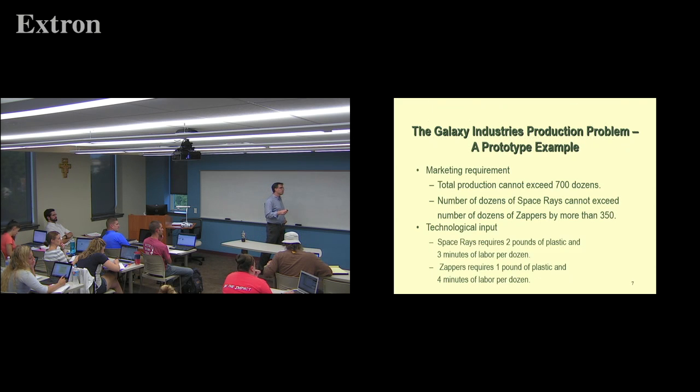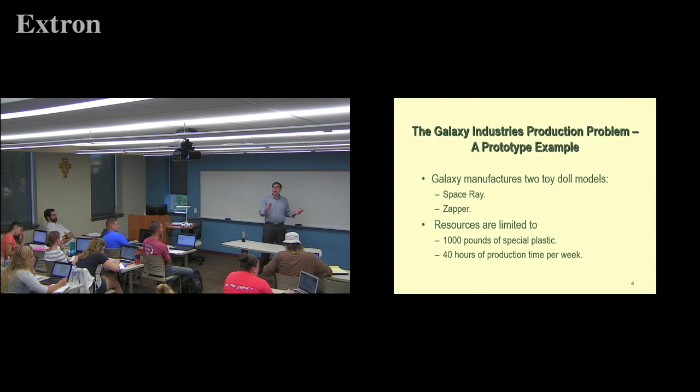So we're going to use this example that we talked about, I think week 1 or maybe week 2, I can't recall. It's a production mix model where we're Galaxy Industries, making two squirt guns, space rays and zappers. Those are what we're trying to decide between. We make a profit of $8 per dozen and $5 per dozen for space rays and zappers respectively.